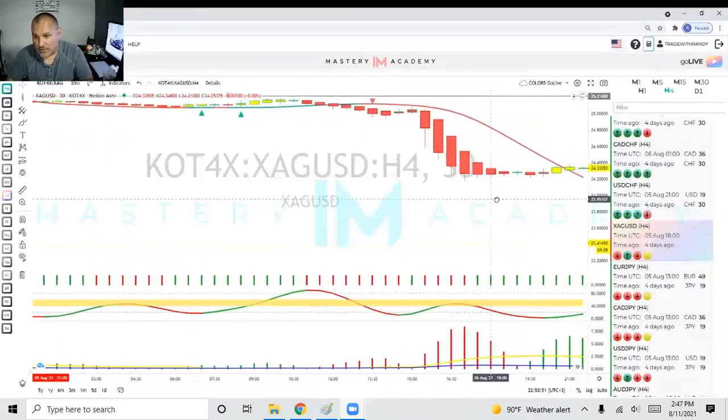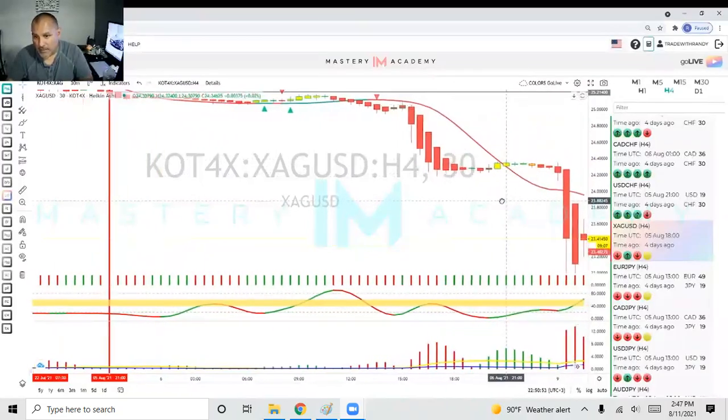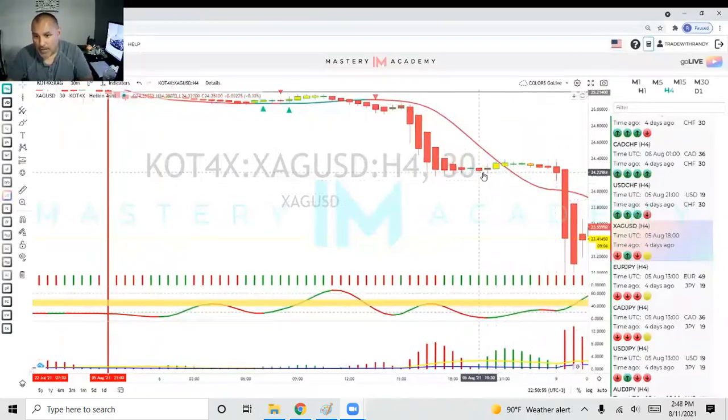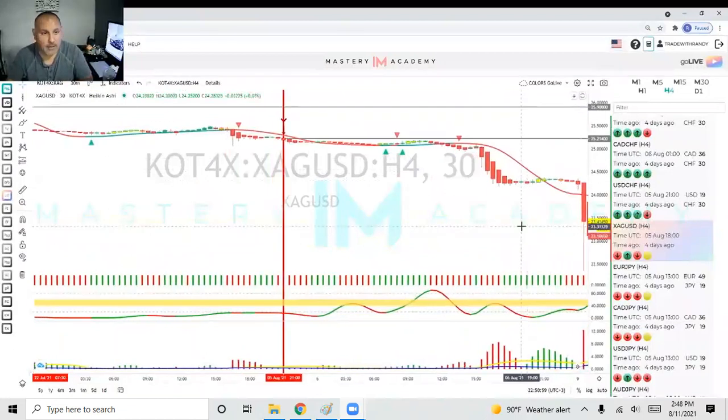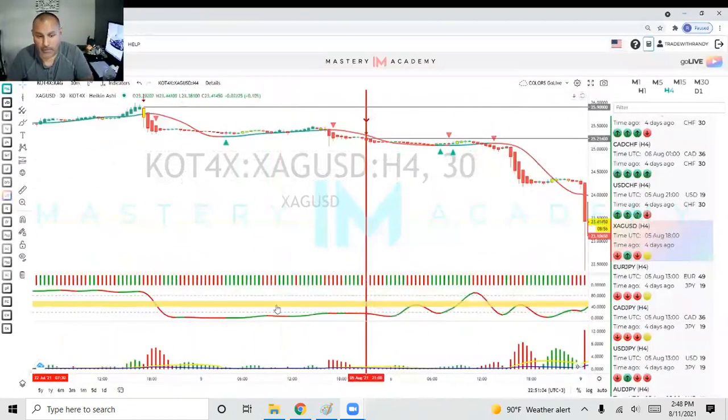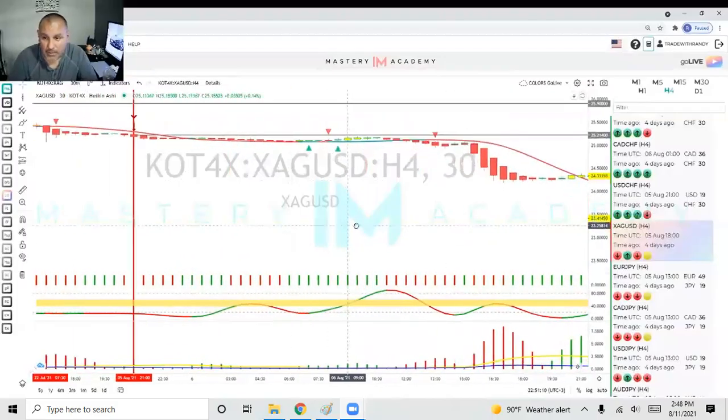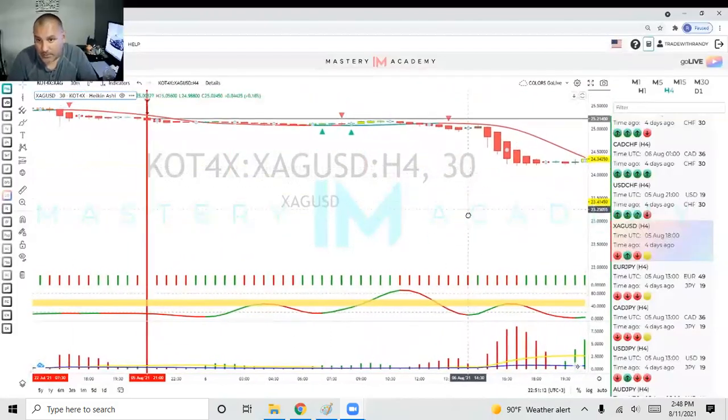Let's see here. Let me find it. So right here we changed candle colors. Where's my triangle? Did it hide? One second. Let me look at this, because I believe this is where my entry was.